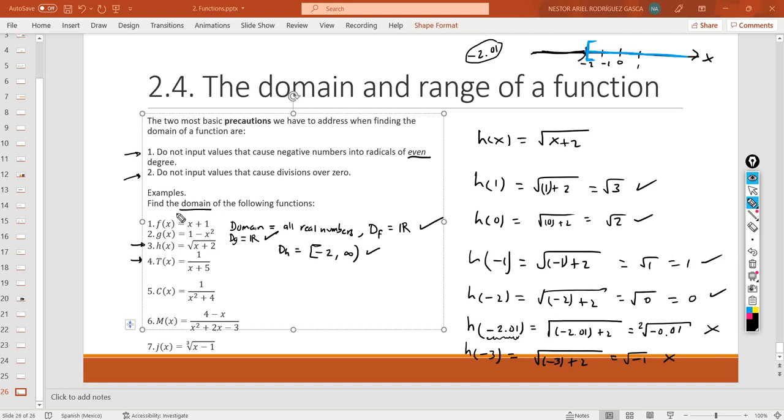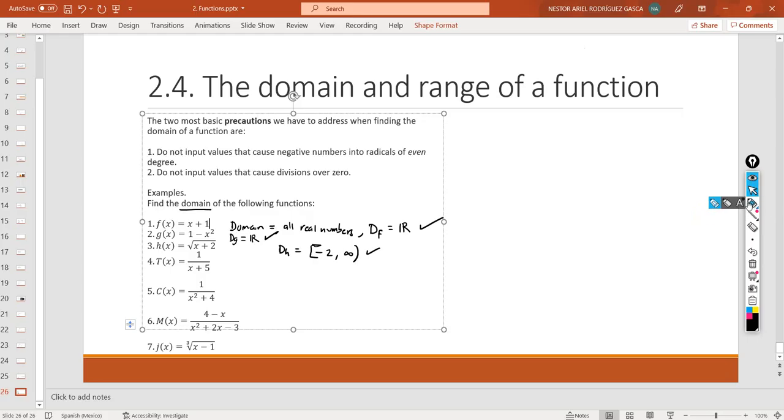Let's now do number 4. Let me clean this up a little bit. I'll come back in a second. Okay, let's continue with number 4. Number 4 is t of x equals 1 over x plus 5. This is the function, and we can give a lot of values to x without any problem.